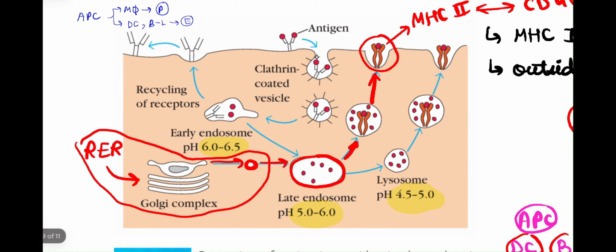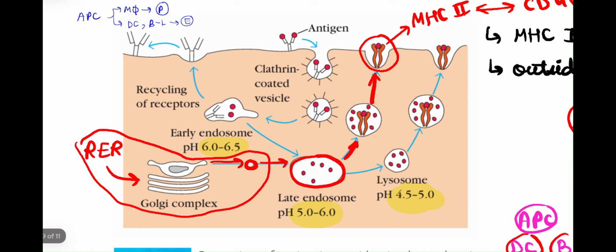Now as I was continuing, the antigen enters inside the cell and it is enclosed in a vesicle. This vesicle is generally coated with proteins called clathrins, so these are called clathrin coated vesicles. These clathrin coated vesicles then have to be fused or converted into the early endosome.